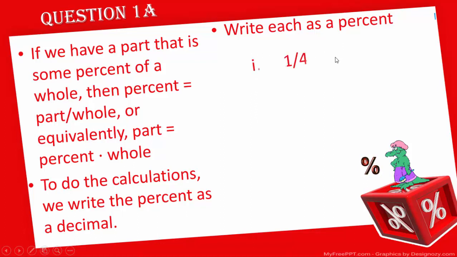So first what we're going to do is look at question 1a, part 1, which is 1/4. So how would we convert that into a percent? Well, let's go over to the whiteboard and we're going to work it out and see how we can do this.